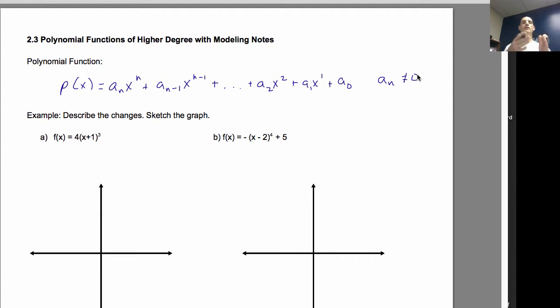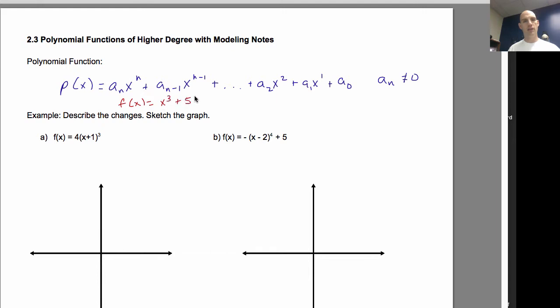This polynomial function has these coefficients and exponents, in order from highest degree to lowest degree.